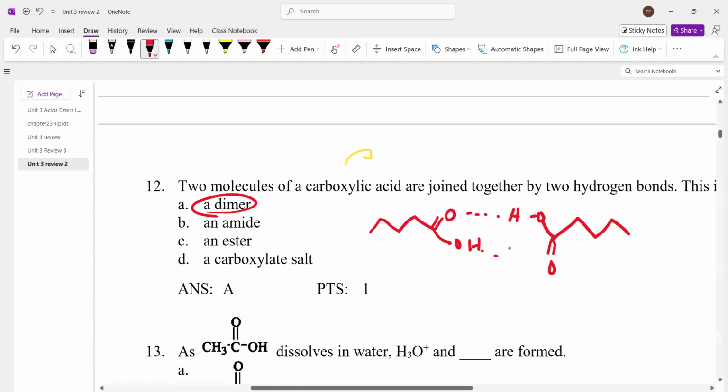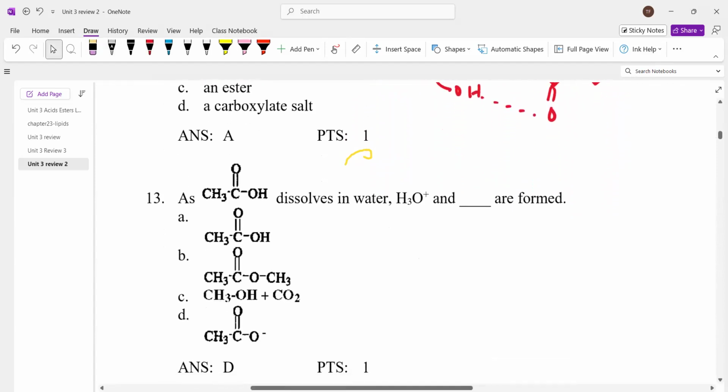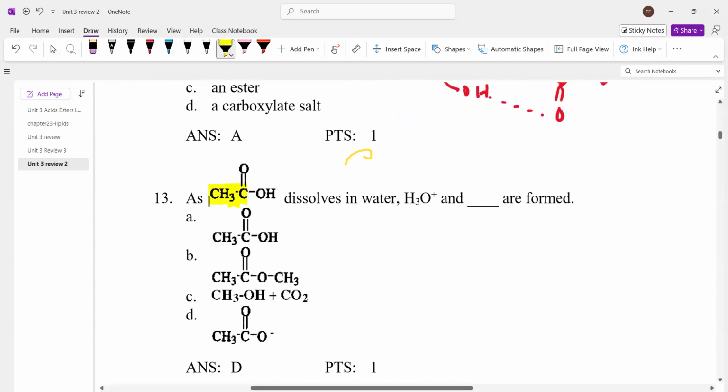And that's what a dimer would look like. Okay, so we've got a 2-carbon backbone. So what you're going to end up with is a 2-carbon salt, which would be this guy here.